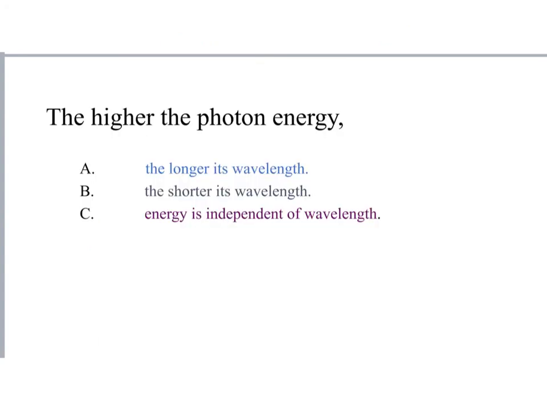All right. So here are some examples of problems you're going to find in your homework and then the next exam. The question is, hey, the higher the photon energy, or the light energy if you want, then the longer or shorter its wavelength is, or maybe the energy is independent of the wavelength.